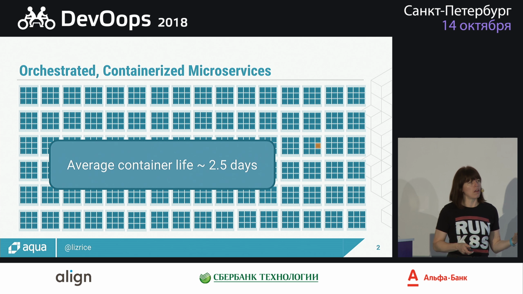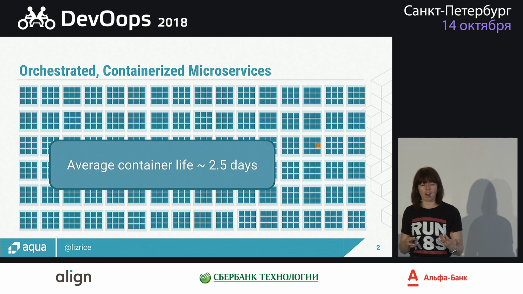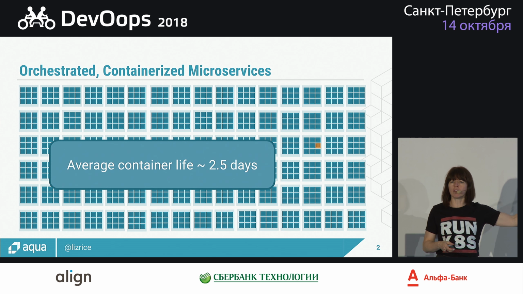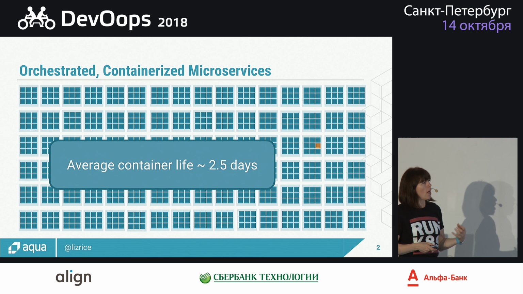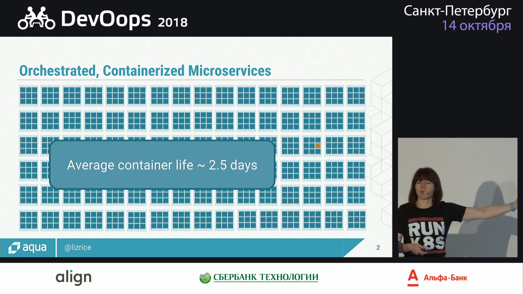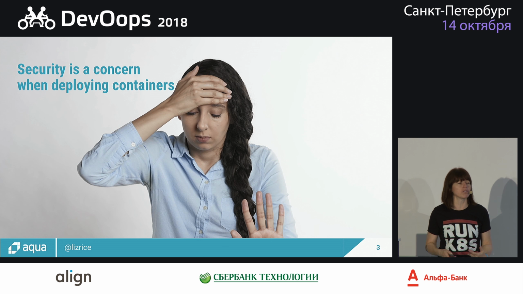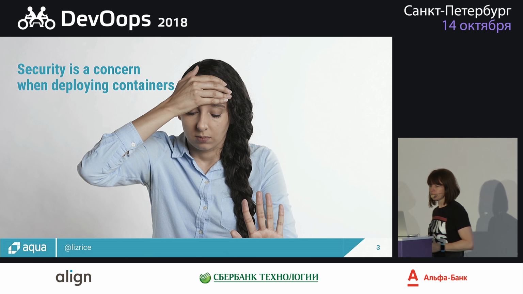So if you're coming from a traditional security background and you're thinking about patching and how do I keep all these different instances up to date with the latest security patches, your mind is blown by this. You're thinking, how on earth can I possibly keep all these container instances secure?